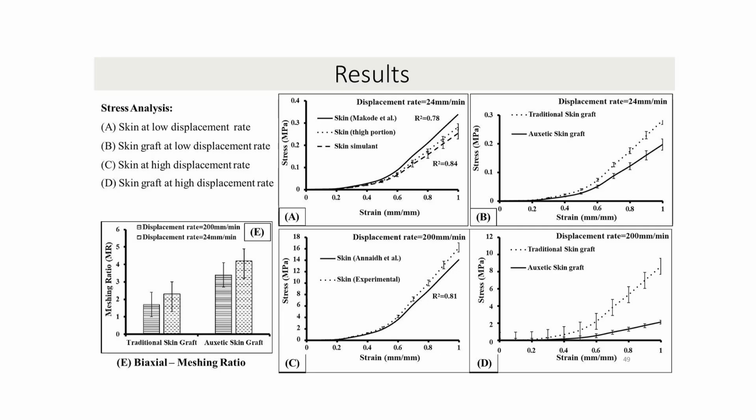And what are the key results from the biaxial and meshing ratio? In the E part, we are looking at traditional skin grafts and auxetic skin grafts at two different displacement rates. What we did see was that at 24 millimeters per minute, the auxetic skin graft behaved with a higher meshing ratio, expansion ratio, than the traditional skin graft.